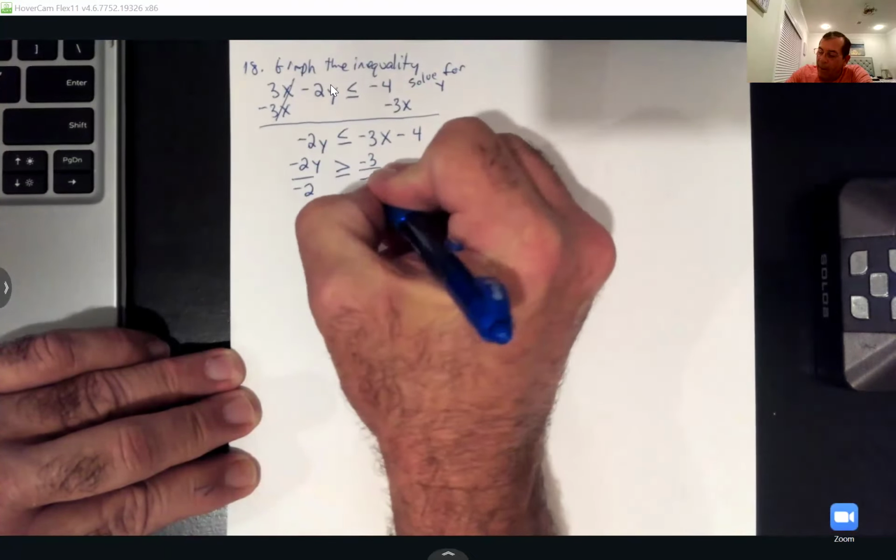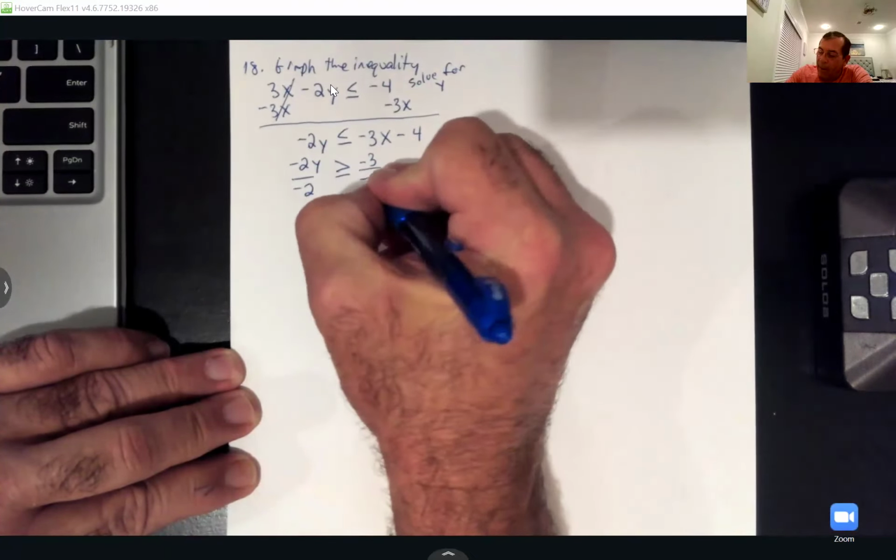Reverse the inequality since dividing by a negative number. All right, so -2 divided by -2 makes that a 1y like I needed.